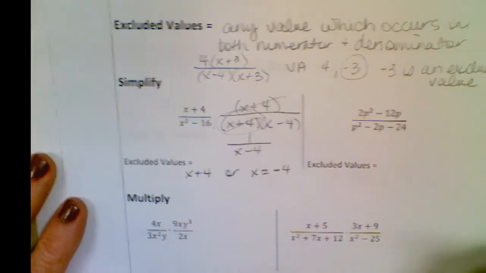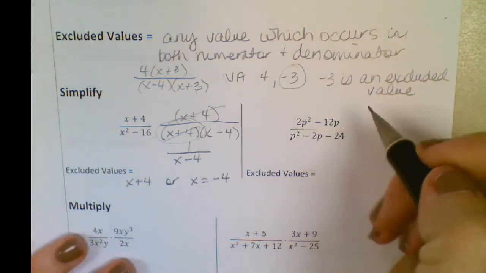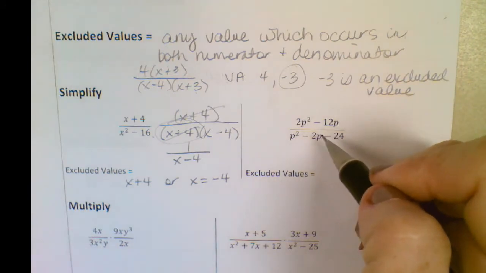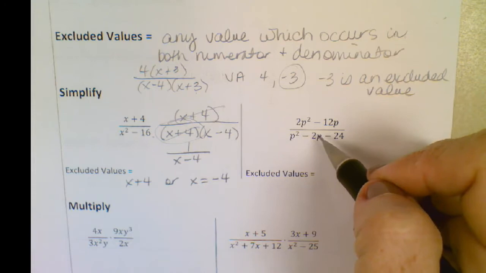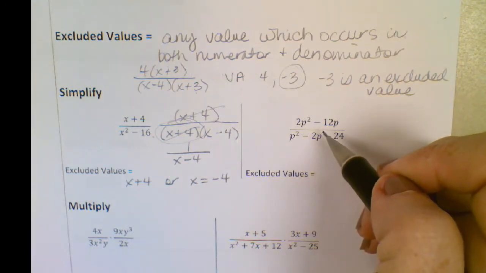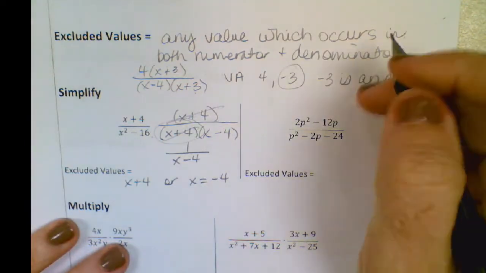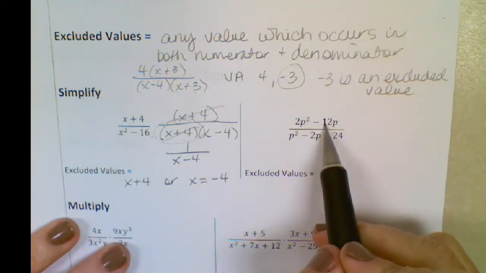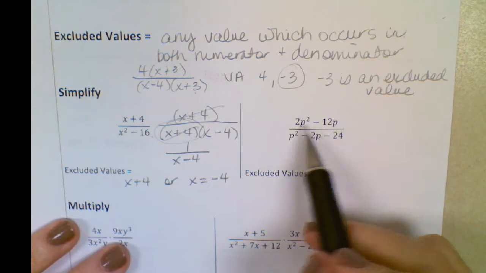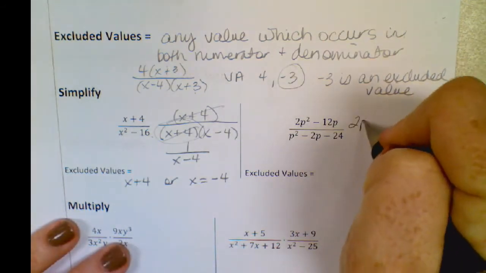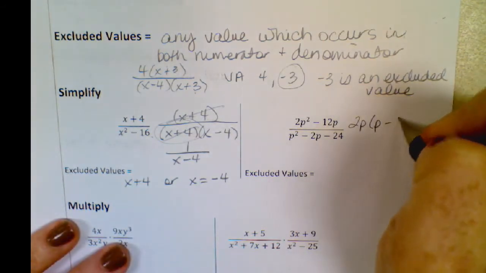Okay? So let's find out what we can. Anything that's not factored, when you're dealing with rational expressions, the first rule is to factor everything. It makes everything much simpler. You can't really see what cancels out until you get your factors in front of you. So that's going to be the first thing that we need to do. I can take a 2 out of 2 and 12, and I can take a p out of p squared and p. So I'm going to factor out 2p, and I'm left with p minus 6.